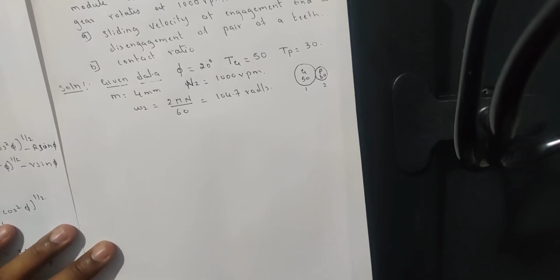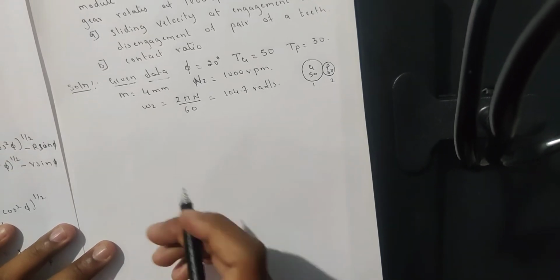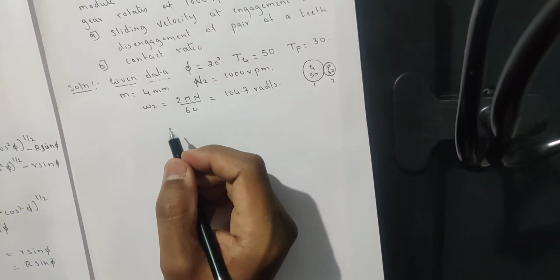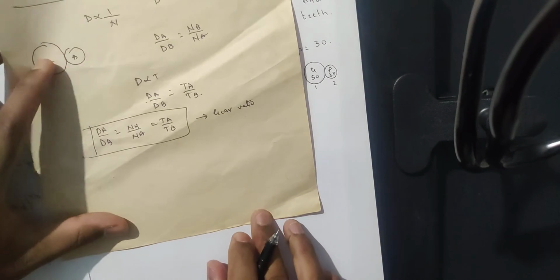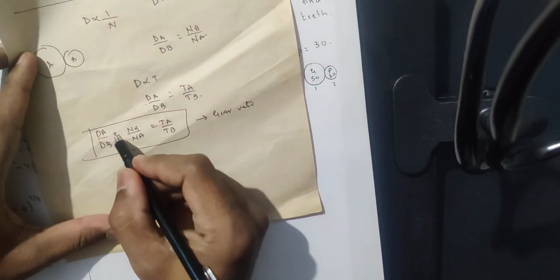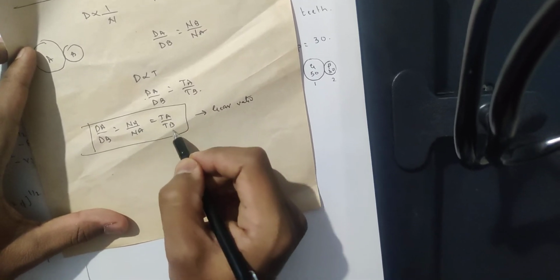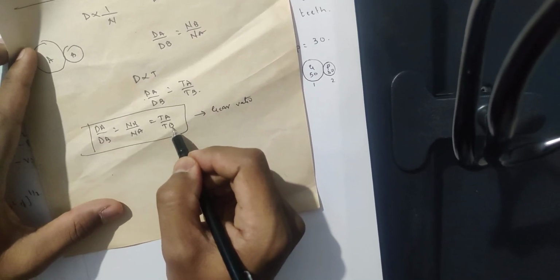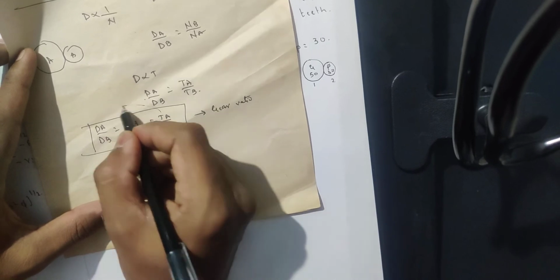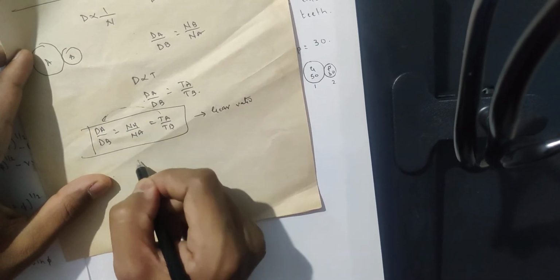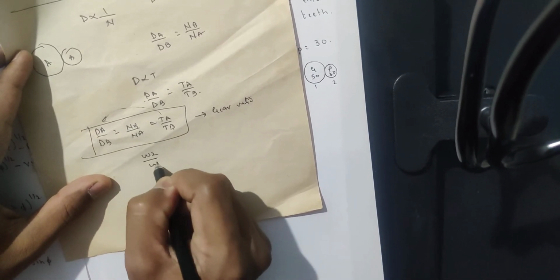Omega 1. If I take the relationship which we have discussed in the previous one, this is the diameter ratio, this is the speed ratio, and this is the teeth ratio. So teeth ratio and diameter ratio will be the same here. You can write the speed ratio as omega 2 by omega 1 or omega p by omega 1.